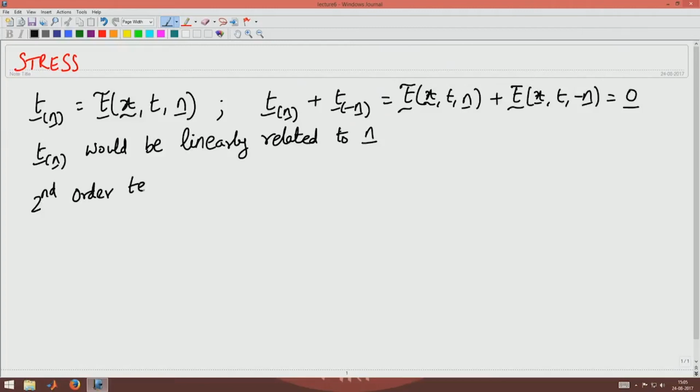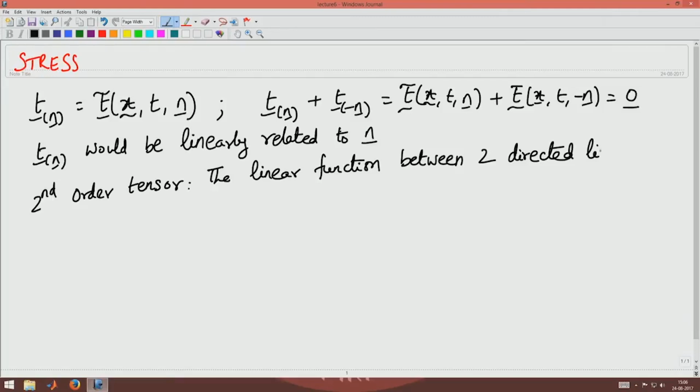A second order tensor was defined as the linear function between two directed line segments, also called vectors. We saw that there is a tensor product which goes into representing a second order tensor.